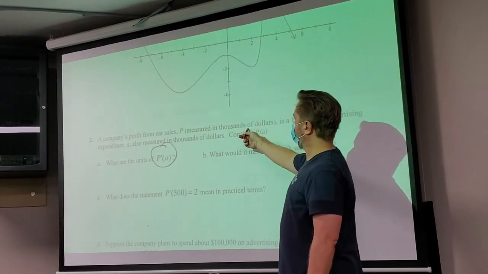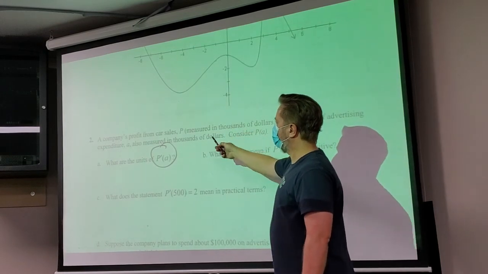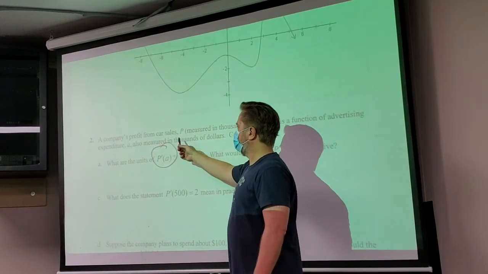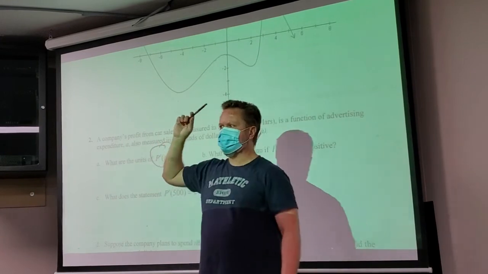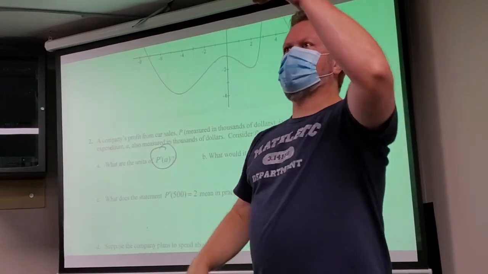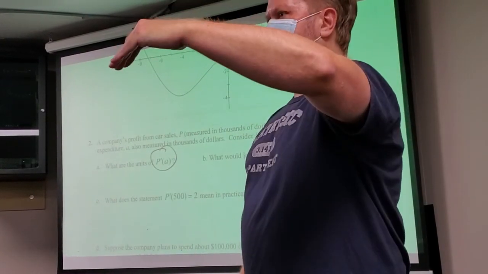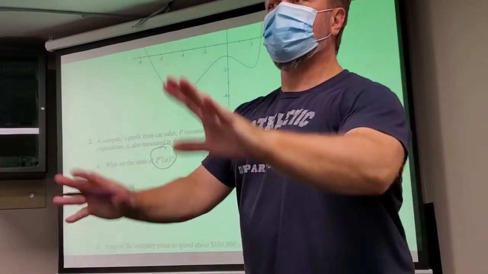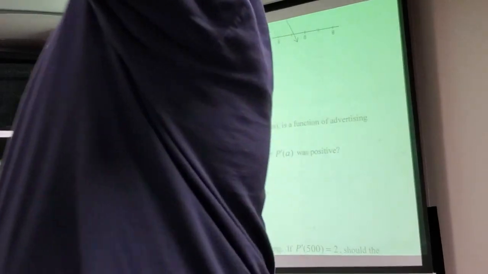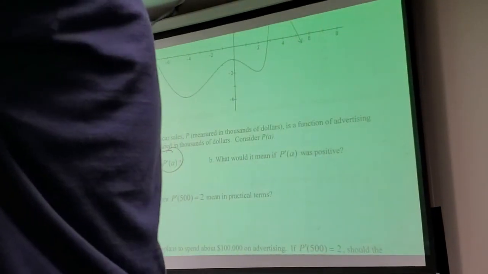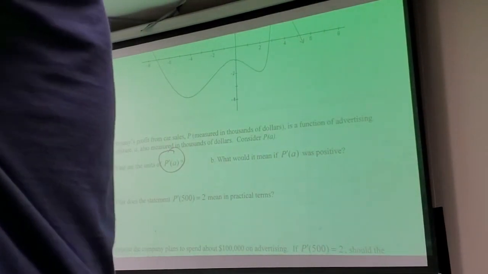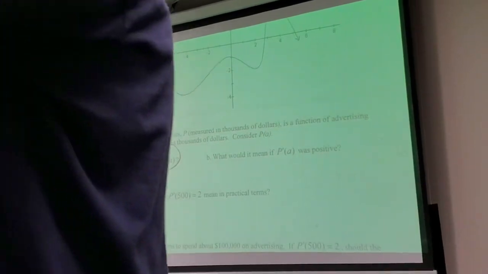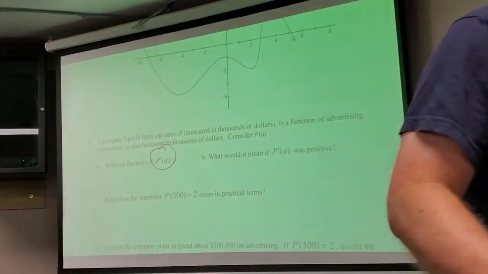So this is thousands of dollars profit per thousands of dollars ad expenditures, right? So it's basically profit per ad expenditures in thousands of dollars. So that's all you do for slope: whatever the output's units are, whatever the input's units are, the slope is a ratio of those, just like miles per hour.